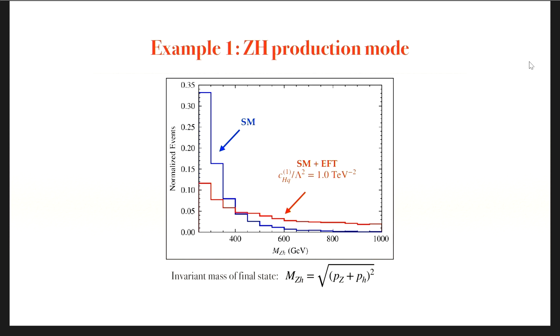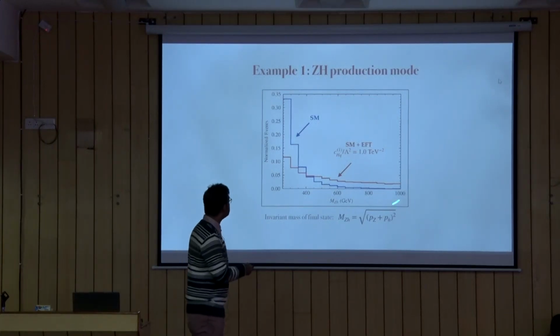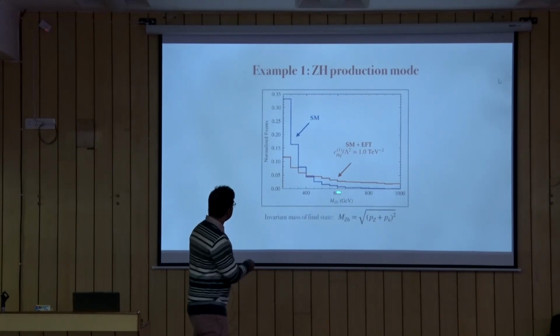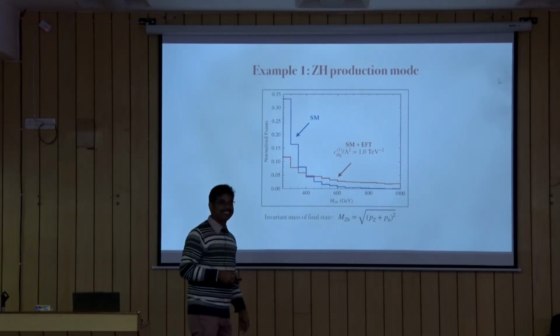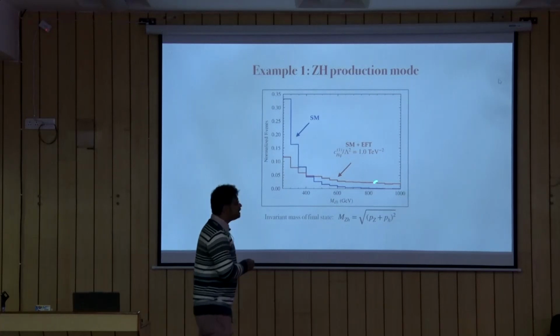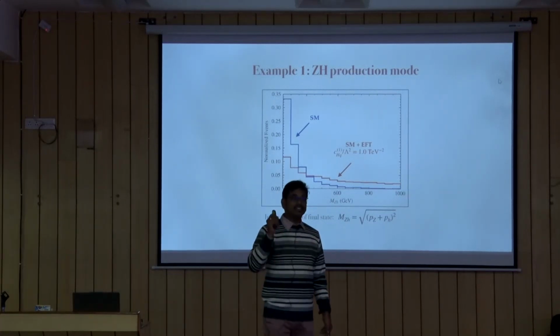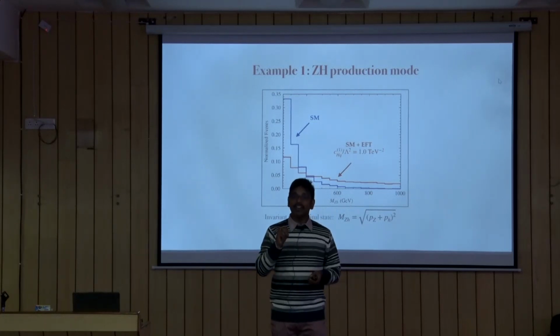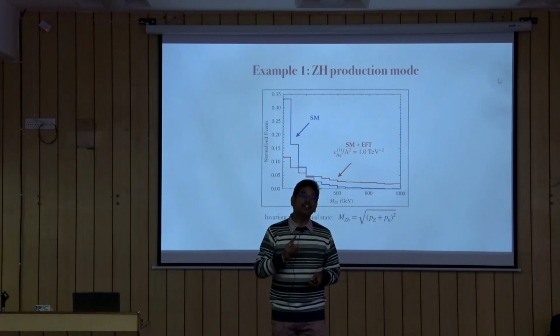So there is one interesting point to note first, that the effective operator contribution is actually coming at the higher invariant masses, right? And the reason is once again the one that I just pointed out before, that the 4-point interaction that contributes to this kind of ZH production in the effective operator context is not there in the standard model.